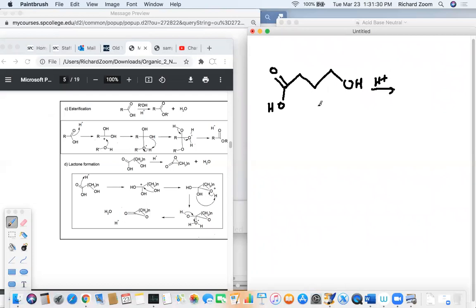Now the product here is a little bit more convoluted than what we've been doing because we're involving a cyclization here. But the X group is effectively this one, and the Y group is effectively this, the OH being the leaving group.